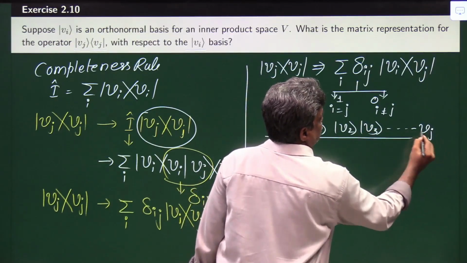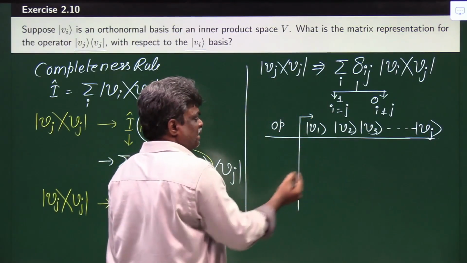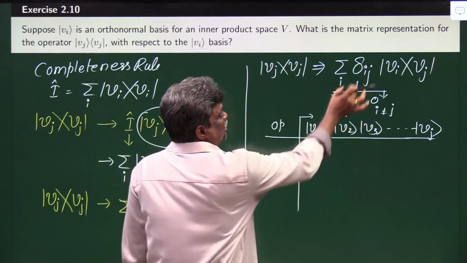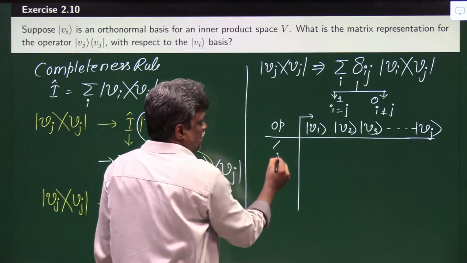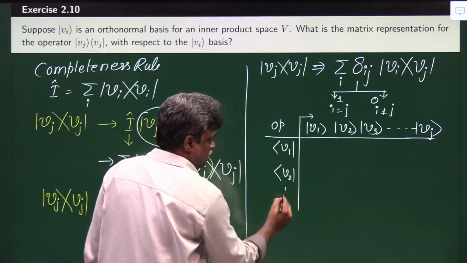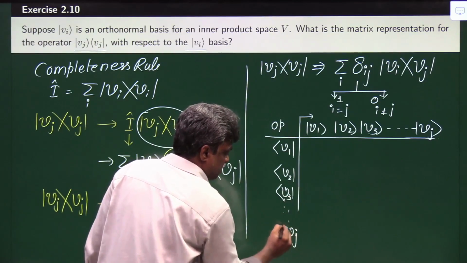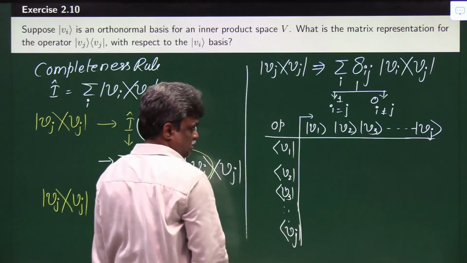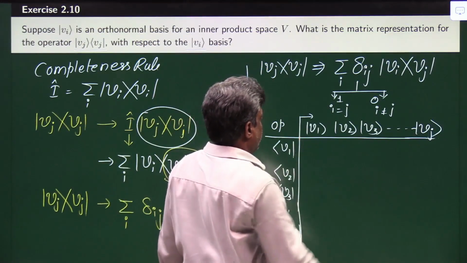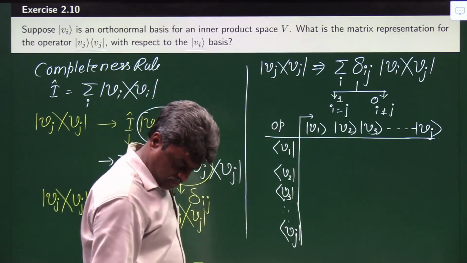Let us say somewhere vj or vi, anything you can take. It's not a problem. Only when i equal to j, then only it is 1. So here bra vectors v1, v2, v3 and so on. This is a vj. So where will you get 1? Not along the diagonals.